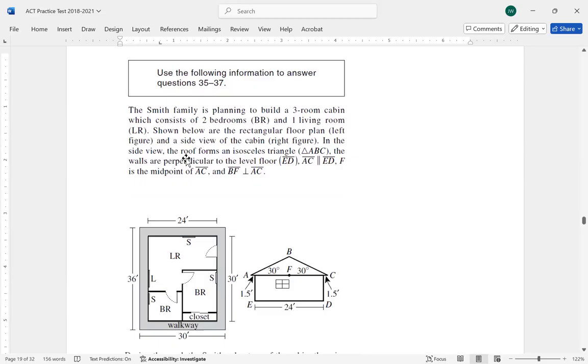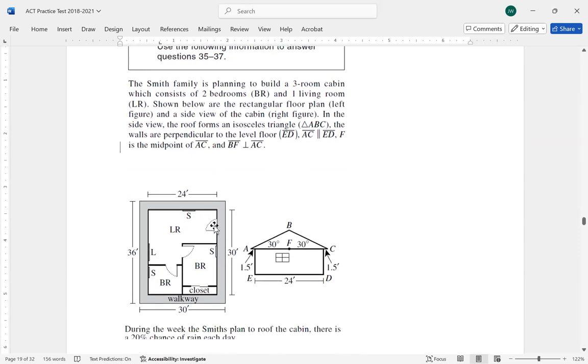In the next few questions, specifically questions 35 through 37, we're going to use this diagram. The Smith family is planning to build a 3-room cabin, which consists of 2 bedrooms, 1 living room. Shown below are the rectangular floor plan on the left and a side view of the cabin on the right. In the side view, the roof forms an isosceles triangle, ABC.